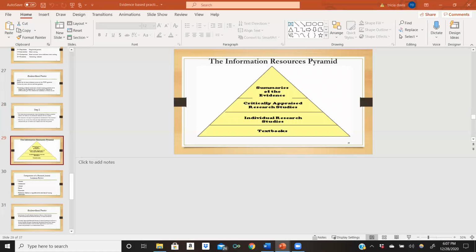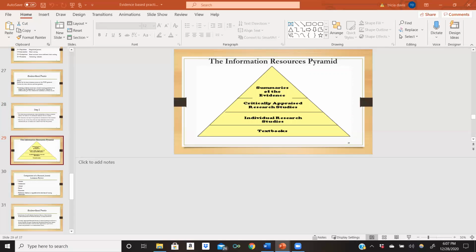So you have your summaries of evidence at the very, very top. We already said that these are the best, okay? These are your best resources right there. But sometimes, when I was doing my bachelor's, I had to write a huge research paper. It was like, I don't know, 45 pages. I was able to get a couple of articles from summaries of evidence, but I wasn't able to find a whole lot, maybe only 2 or 3.